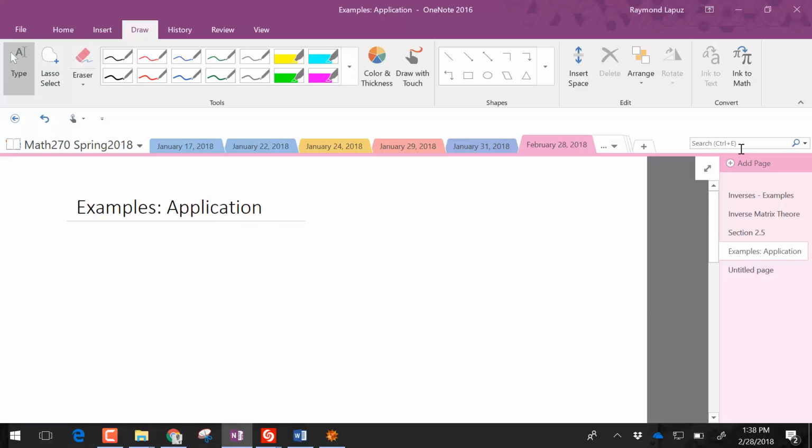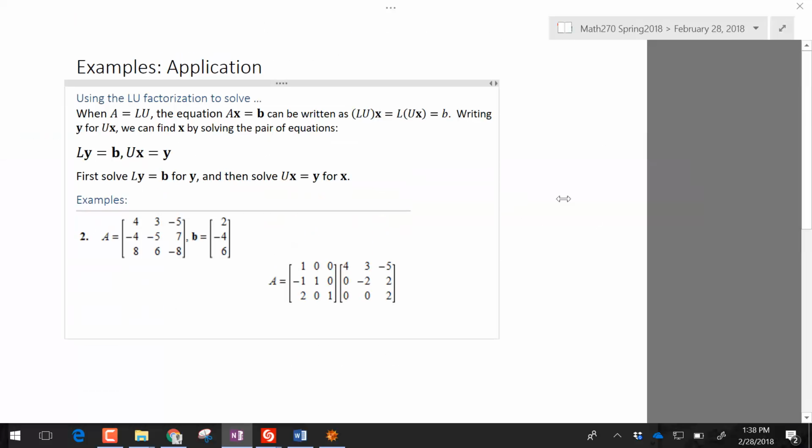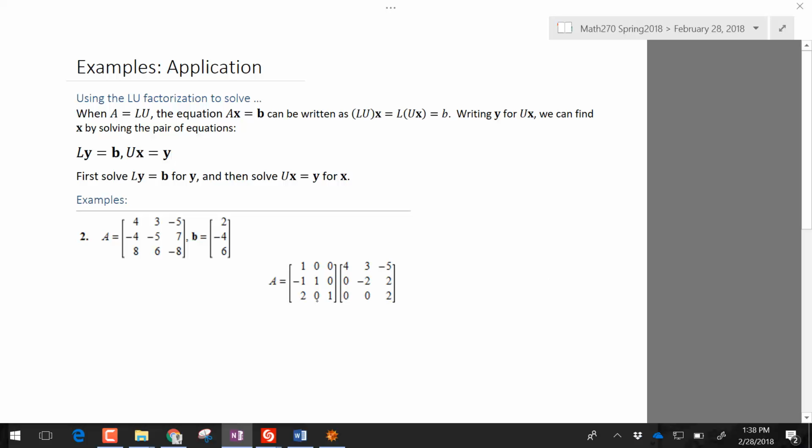Now, this isn't really a full application of this, but it's kind of telling you the use of it. In this particular problem, they actually gave us the LU decomposition already. We could figure out how they got that later on, but for right now, let's just say this is the LU decomposition.